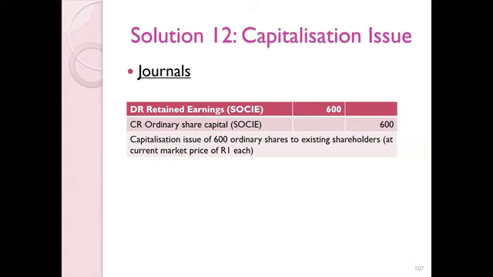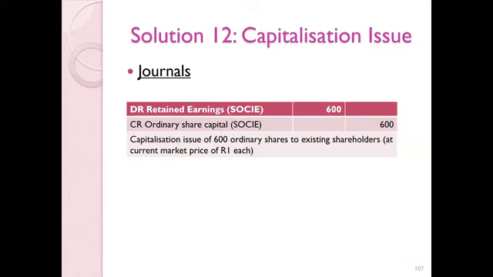So debit retained earnings with R600, and there we can see the movement from our retained earnings through to our share capital. So by debiting retained earnings, are we increasing it or decreasing it? We are decreasing our retained earnings.